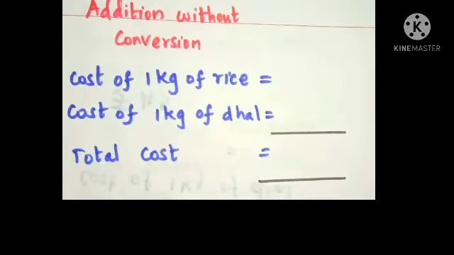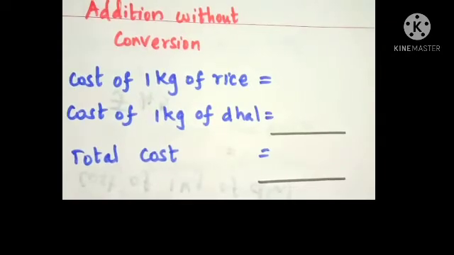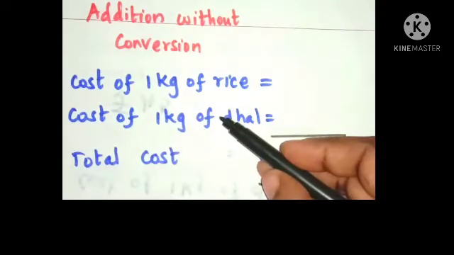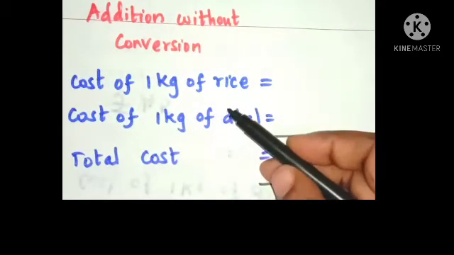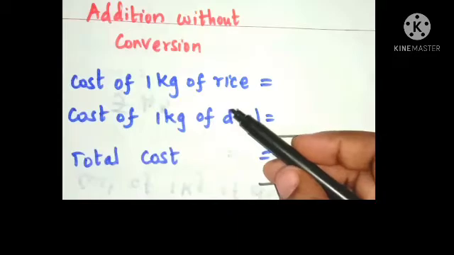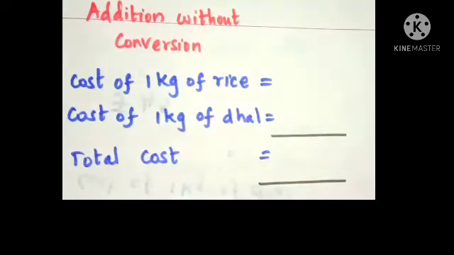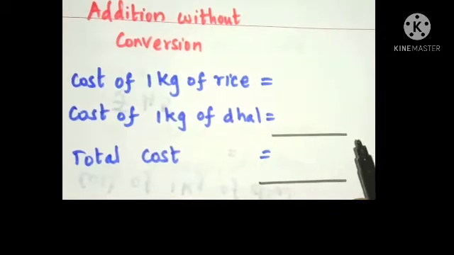Now let us see a word problem. Shankar purchased 1 kg rice for rupees 45 50 paise, and 1 kg of dal for rupees 78 60 paise. Now, what will be the total cost?